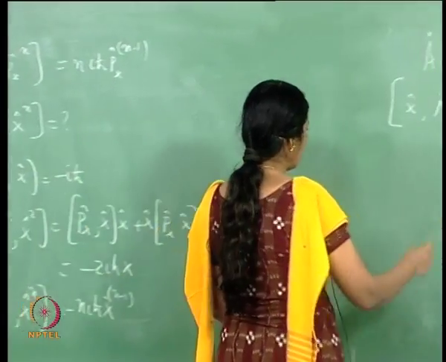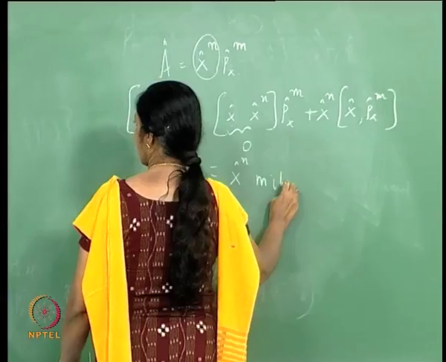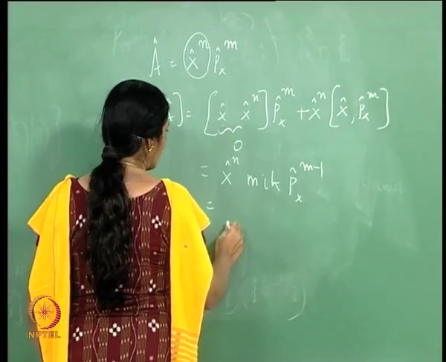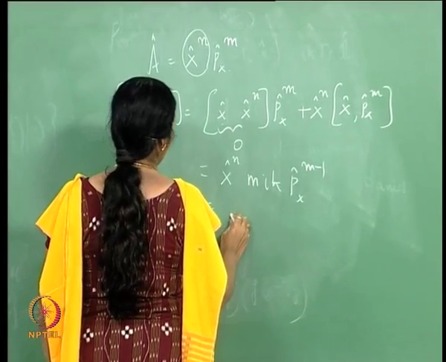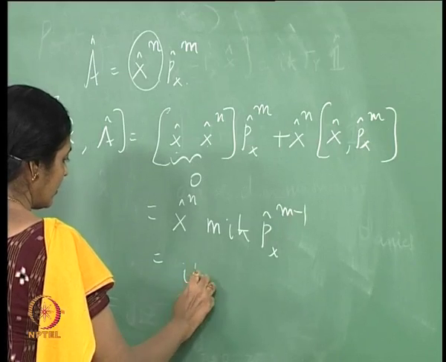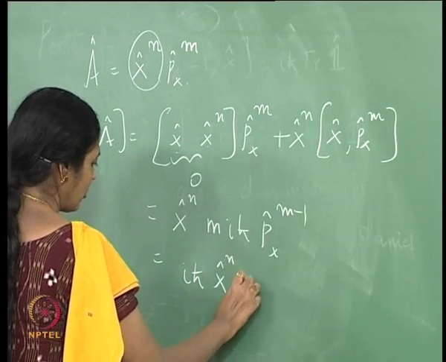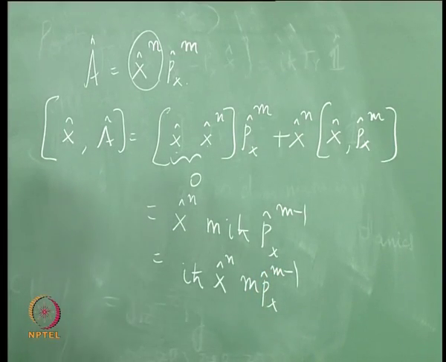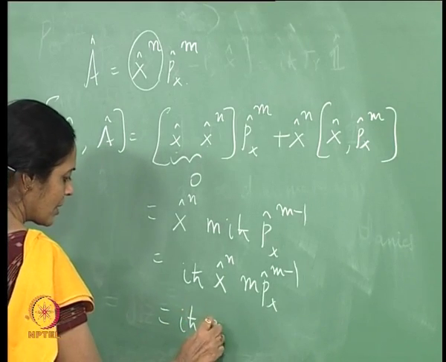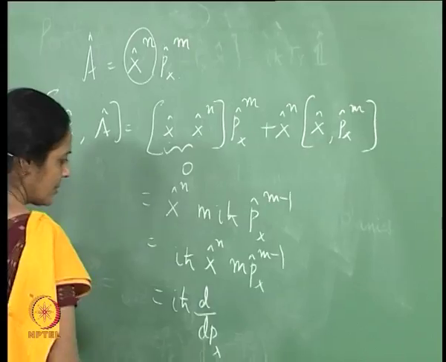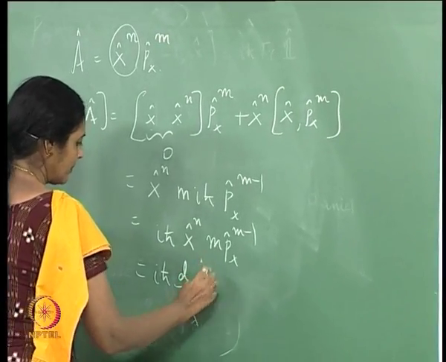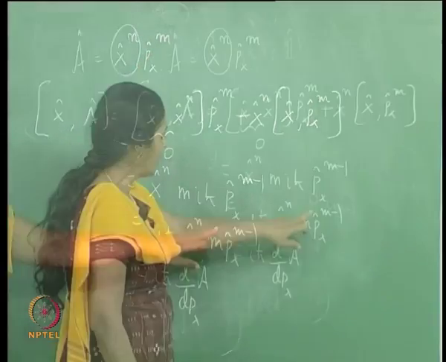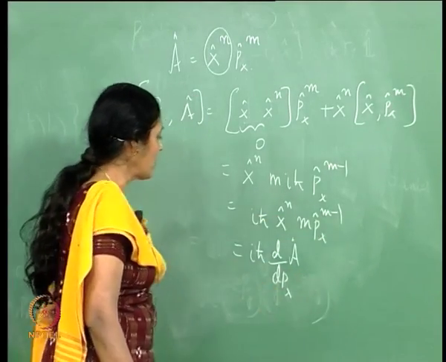I put that in there and I just have m iħ x to the power of n Px to the power of m minus 1, which is the same as iħ d by dpx of A, because A had Px to the m and that brought down the m and gave me a Px to the power of m minus 1.